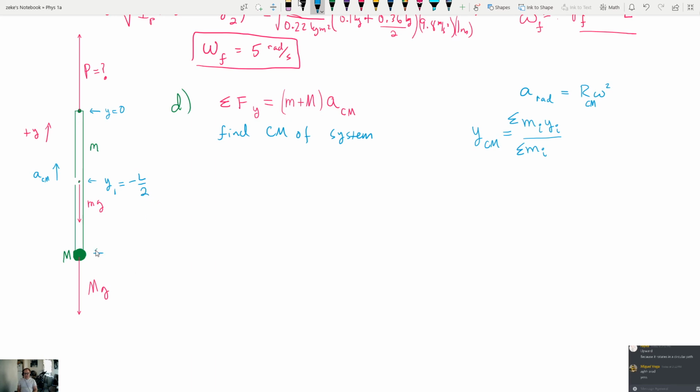And the y-coordinate for the other object, which is the mass at the end, which we'll call y2, is going to be at negative L. Then using this equation, we're going to take the mass of our rod, little m, times y1, plus the mass of the ball, big M, multiplied by y2, its y-coordinate, and then divide by m plus M. That's going to give us the y-coordinate of the center of mass, which is going to end up somewhere down here, basically.